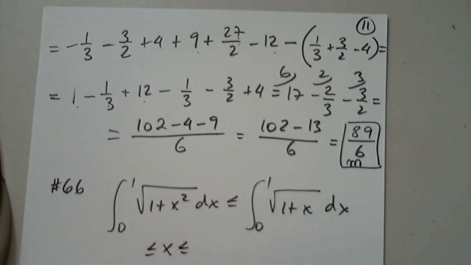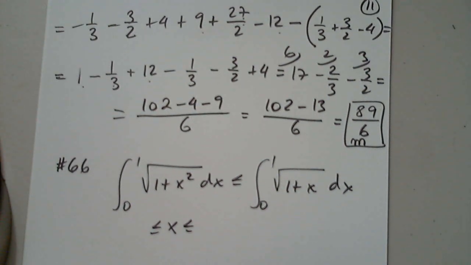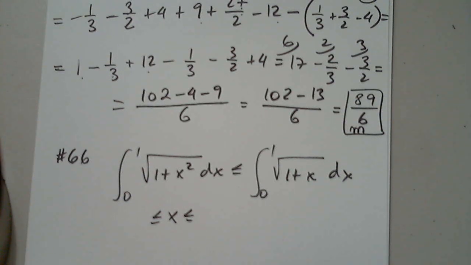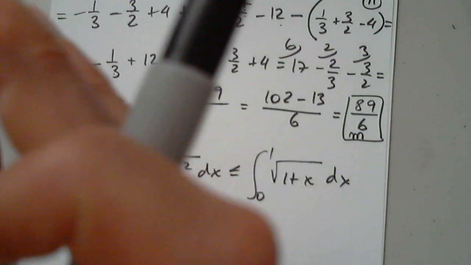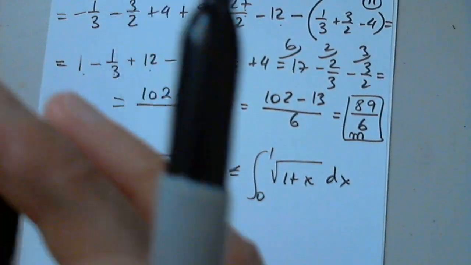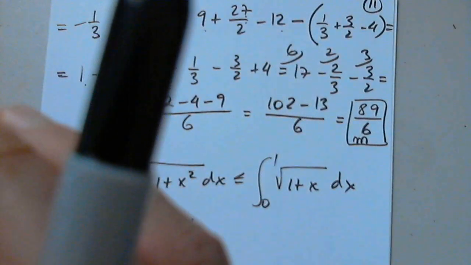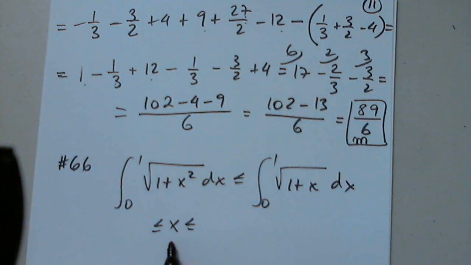Where is x in this problem? Underneath the square root. Right. But we're talking about values. When we put something like this, we're talking about values, not function. So the starting point is with values of x.